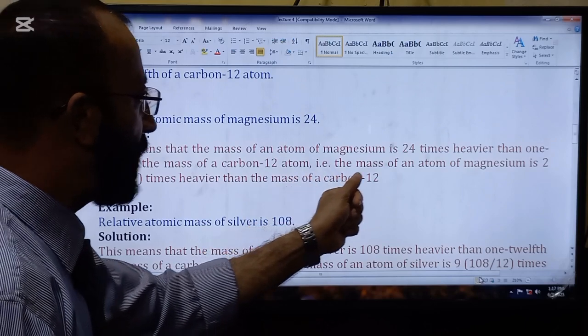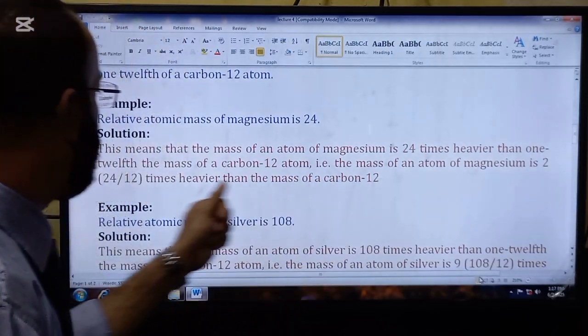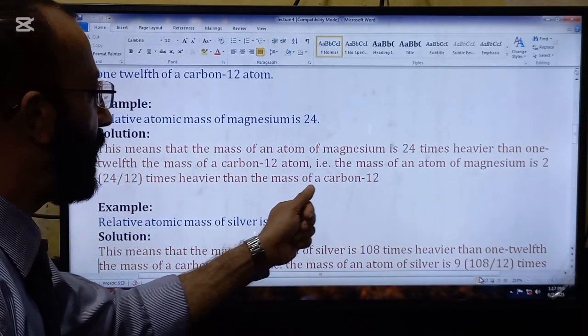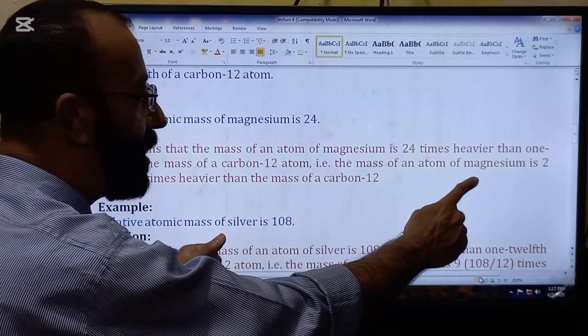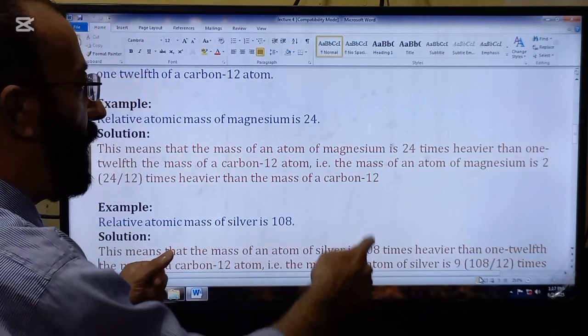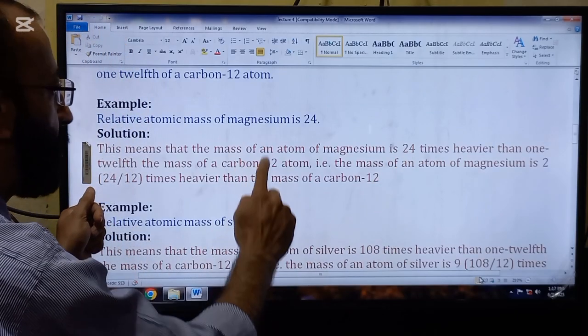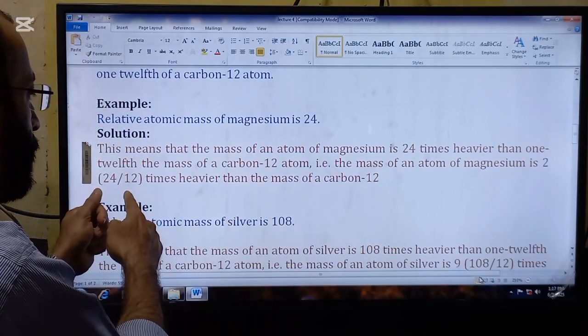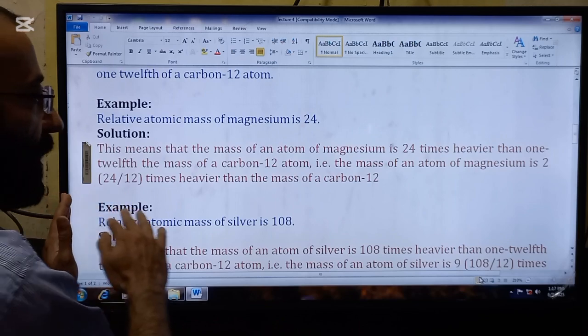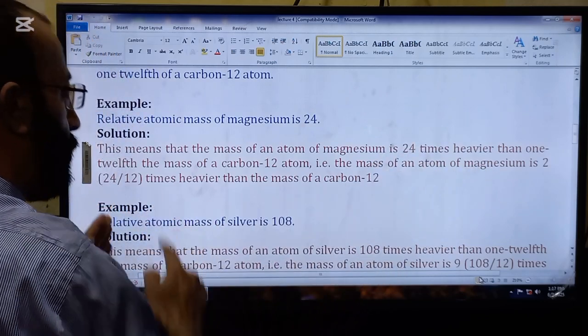That is, the mass of an atom of magnesium is 2 times heavier than the mass of the carbon-12, and 2 times will be found in a way that the mass of the magnesium will be written in the numerator and mass of the carbon-12 will be written in the denominator. After cancellation, you will get the answer 2. So that is actually 2 times.